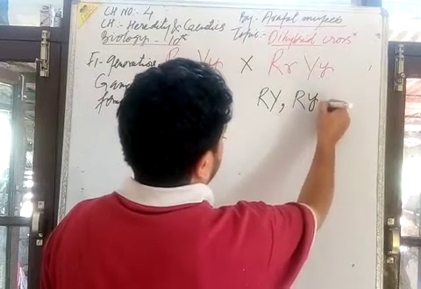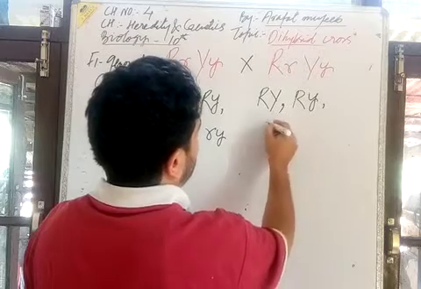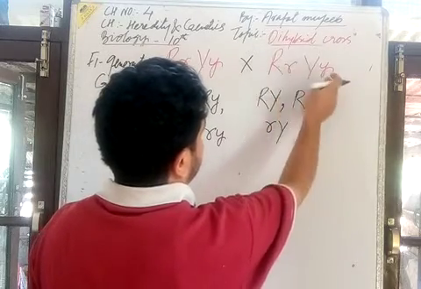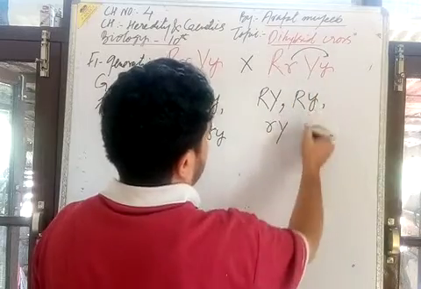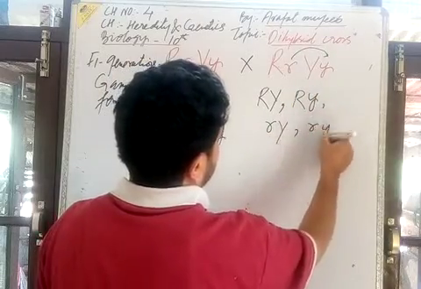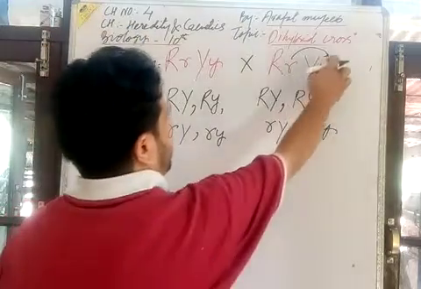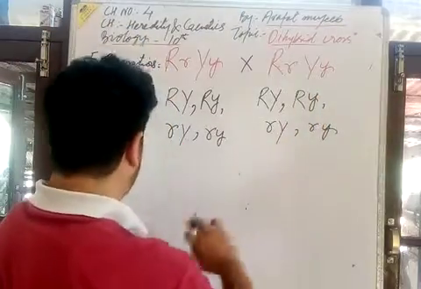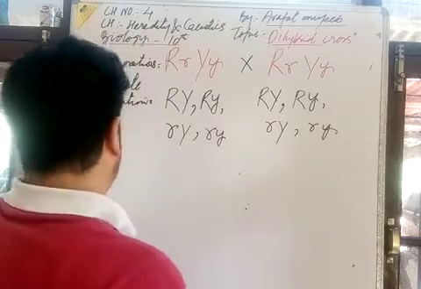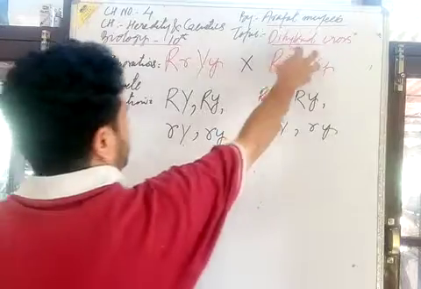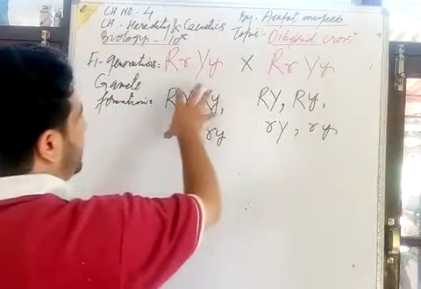Then small r capital Y is its turn, and now the turn of this one, with this. Now small r. Here is again the formation of four types of gametes. When there is a formation of four types of gametes, it is the hybrids, first filial, interbreeding. Here is the gamete formation.